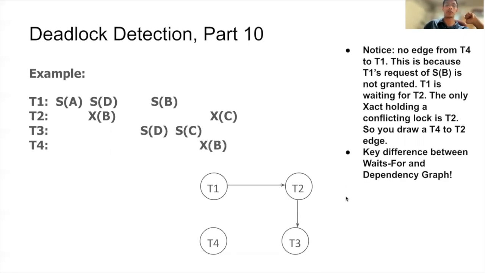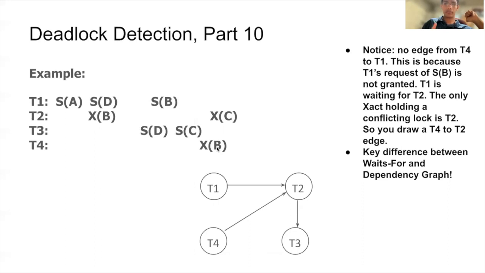Then T4 comes along and T4 says, hey, I want an X lock on B. Now we say, well, you can't really do that because T2 has an X lock on B. So we're going to draw an edge from T4 to T2. Now notice something here. There's no edge from T4 to T1, even though you might see here that T1 was going to make a request for a shared lock on B before T4 came along.